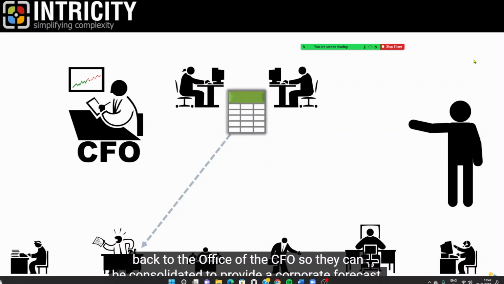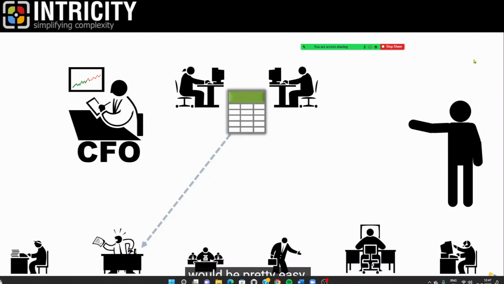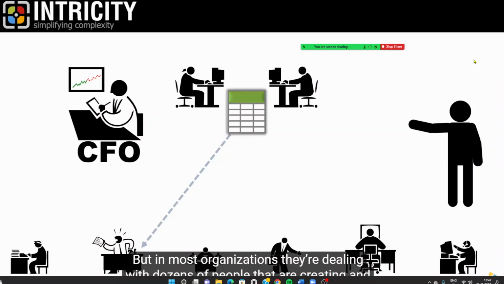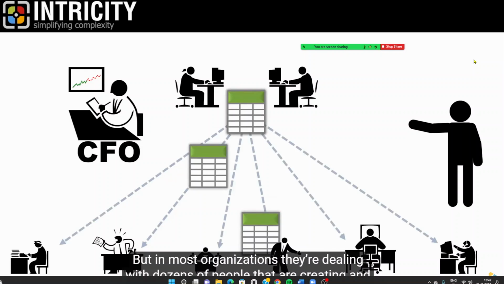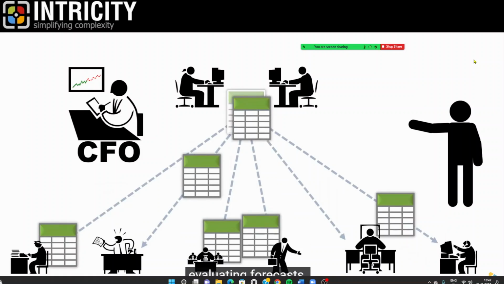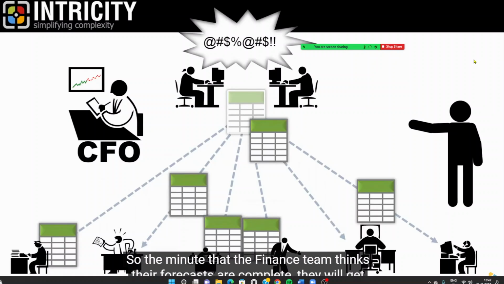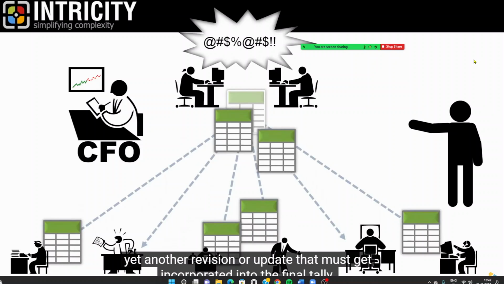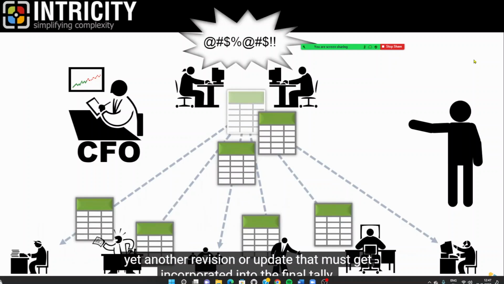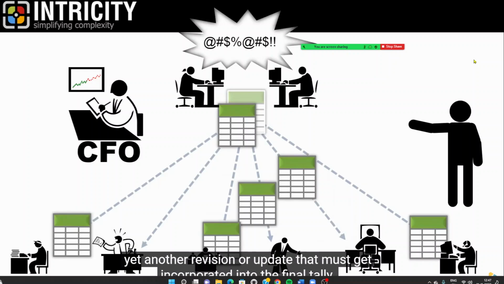If the CFO's team were dealing with only 1 or 2 line of business managers, this process would be pretty easy. But in most organizations, they're dealing with dozens of people that are creating and evaluating forecasts. So the minute that the finance team thinks that their forecasts are complete, they will get yet another revision or an update that must get incorporated into the final tally.